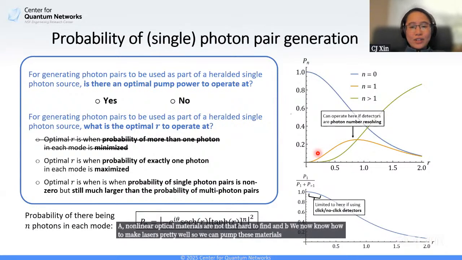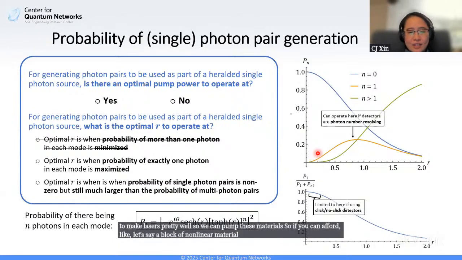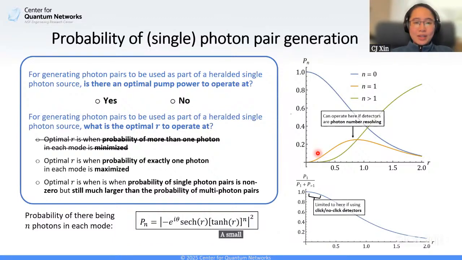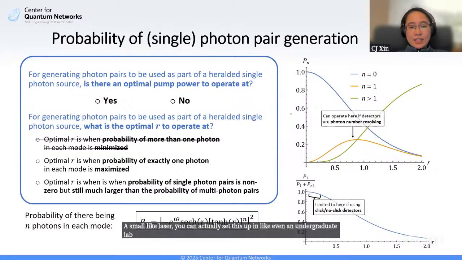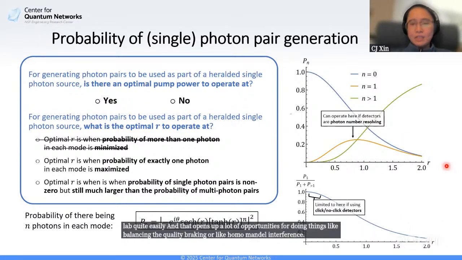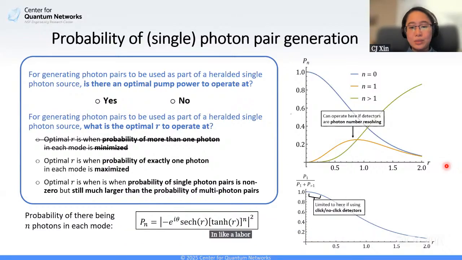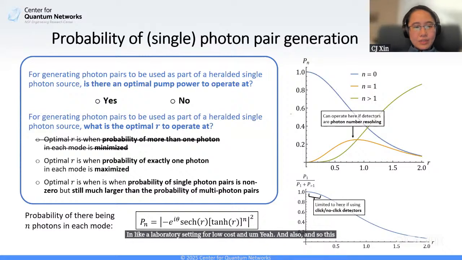If you can afford a block of nonlinear material and a small laser, you can set this up in even an undergraduate lab quite easily, and that opens up a lot of opportunities for doing things like Bell's inequality breaking or Hong-Ou-Mandel interference in a laboratory setting at low cost. This is what I have on single photon pairs.